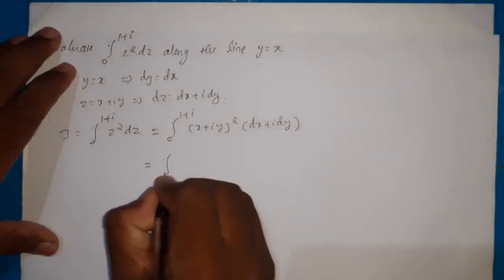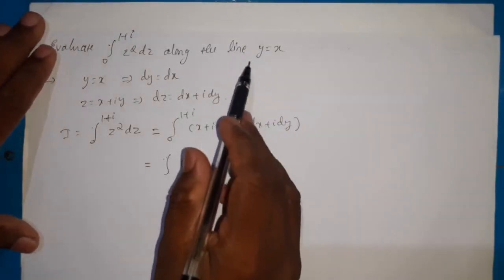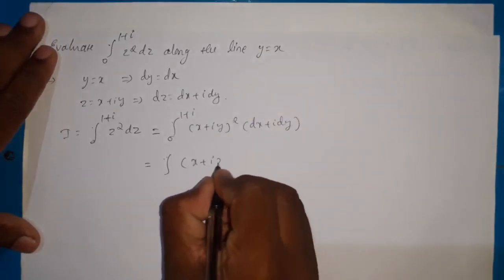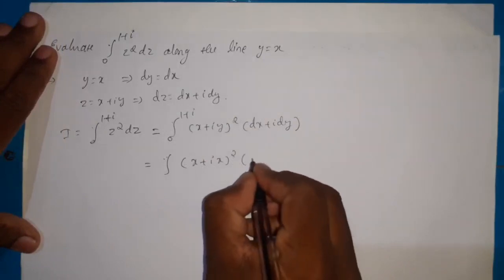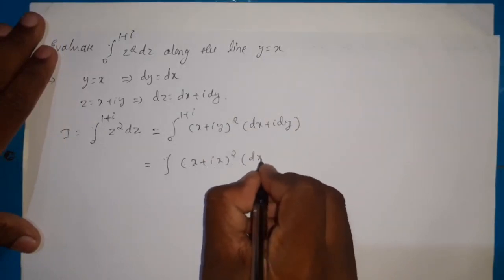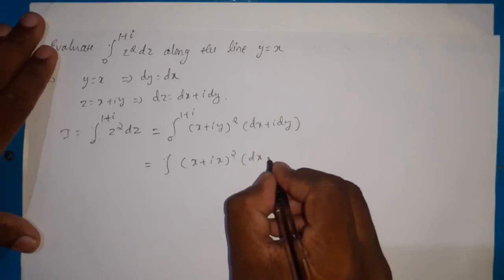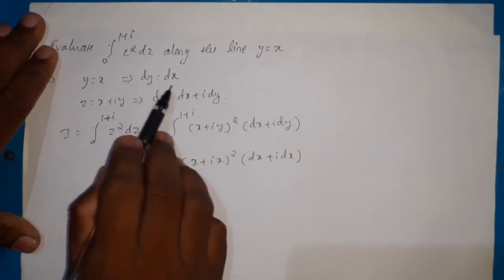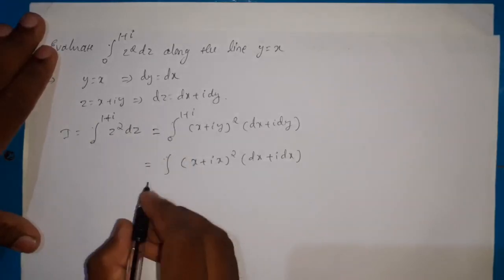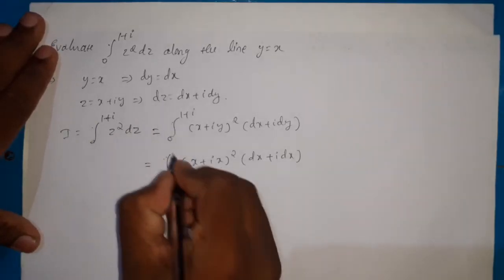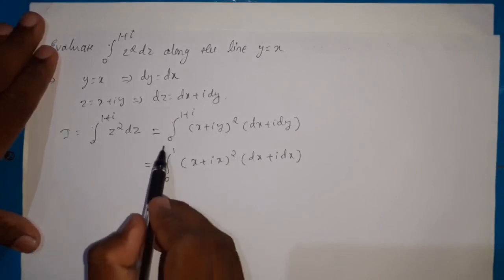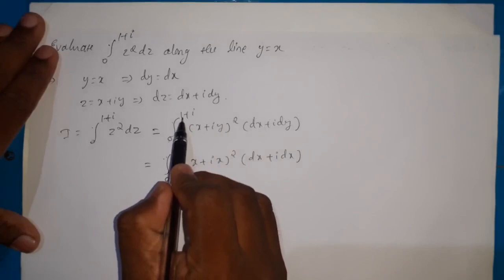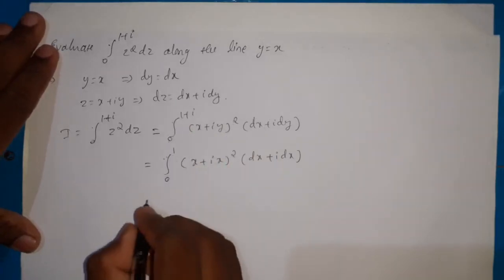So let us substitute y equal to x, then this becomes (x plus ix) whole square times (dx plus i dx), because dy is equal to dx, and the limits are from 0 to 1, because in the lower limit the value of x is 0 and in the upper limit the value of x is 1.